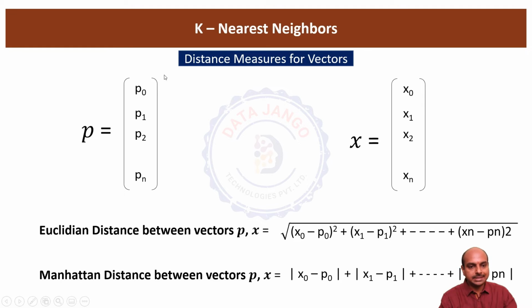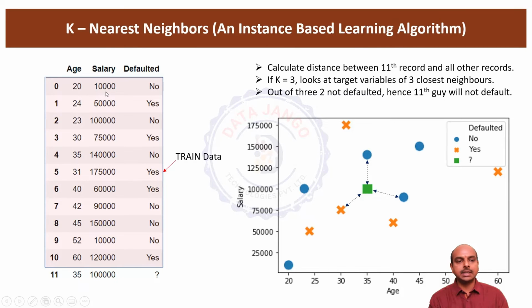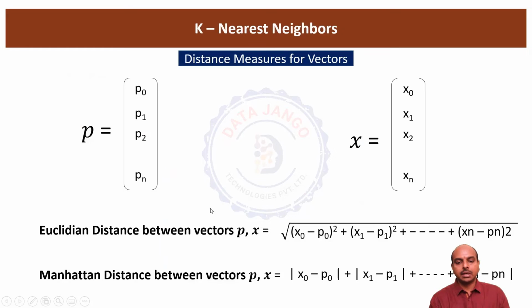So this P is the new record. In our particular example, we have got only 2 values, the age 35 years and the salary 100,000. For X, you can take the first record and substitute into this. That means 35 minus, if you look at the first record, 20 years and 10,000, right? 35 minus 20 squared plus 100,000 minus 10,000 squared, all under a square root.